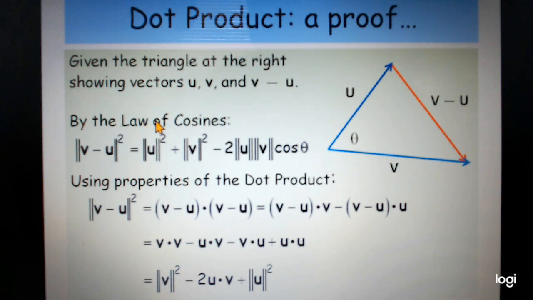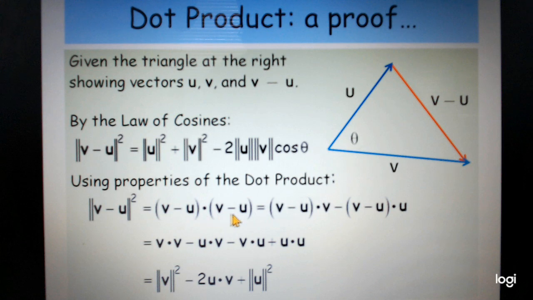Okay, by the law of cosines then, this quantity squared equals the magnitude of U squared plus the magnitude of V squared minus 2 magnitude of U, magnitude of V, times cosine theta. So this is the law of cosines. And what we're going to do is we're going to work this out. And magnitude of V minus U, the quantity squared, is going to be, well, what do you get when you square something?